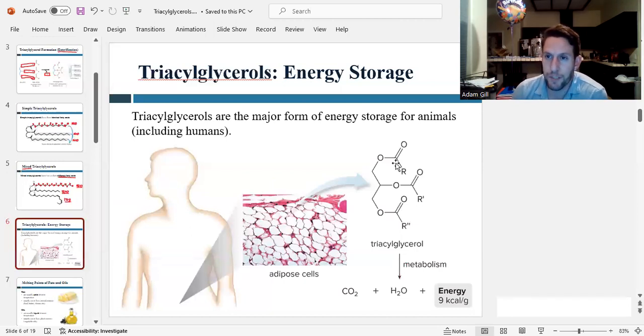And if you don't eat for a long period of time, or you go on a diet, your body starts hydrolyzing these and releasing the fatty acids, and then the fatty acids get chopped up in your metabolism, and your body converts it into carbon dioxide, water, and energy. So we store them for energy on a rainy day when we don't have food, and then we burn them up as energy.